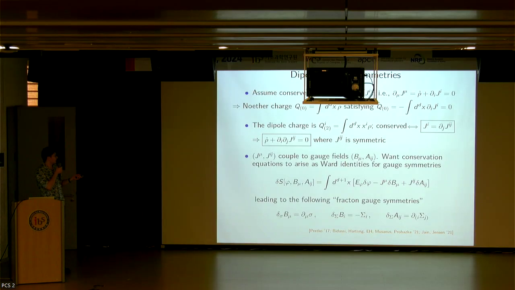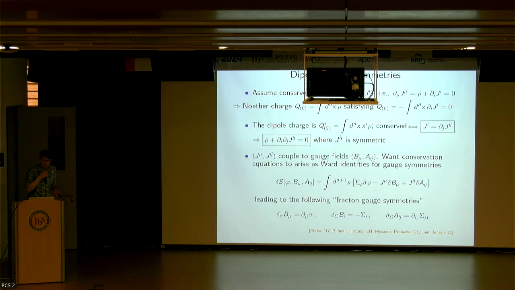Associated to this symmetry, there is then another charge, which is constant in time: if you take the time derivative and plug in the continuity equation, you get a total derivative, and if you furthermore assume that this current vanishes at the boundaries, then this is conserved. So this is 0. That's the standard story of a conserved U1 charge.